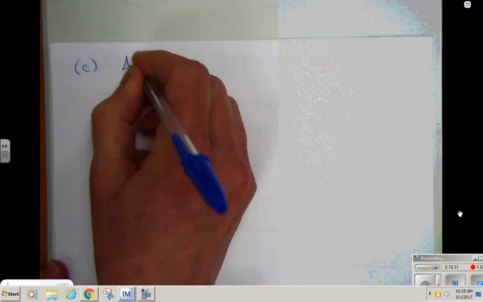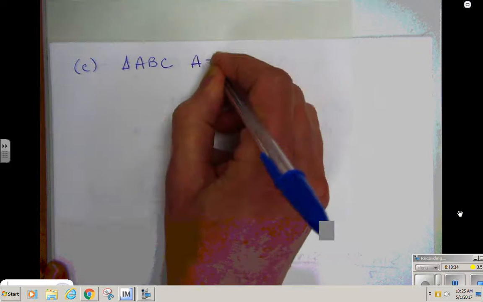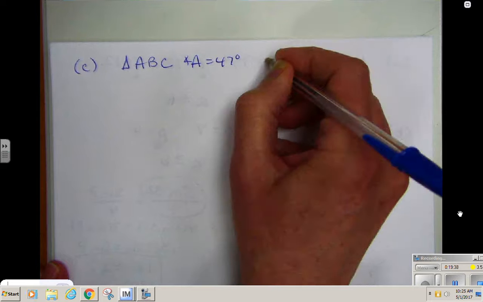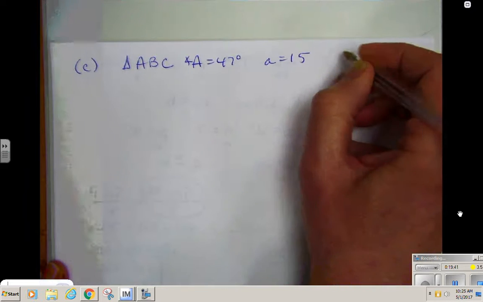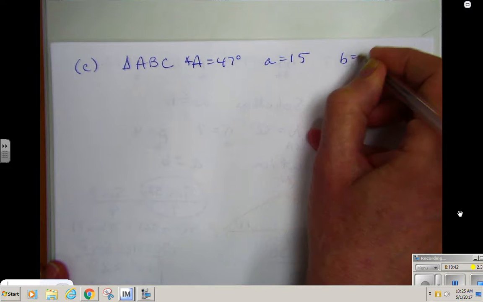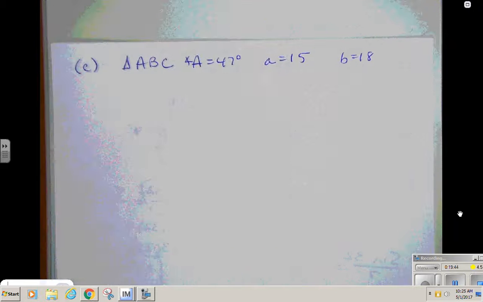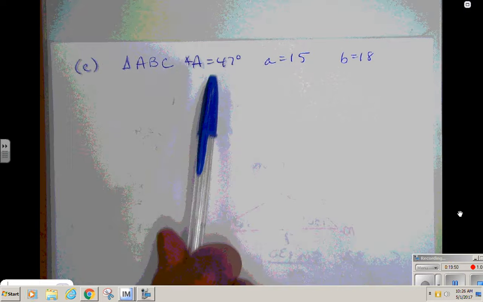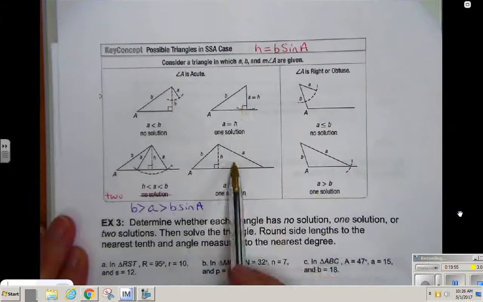Triangle ABC. Angle A is 47 degrees. Side A is 15. And side B is 18. So we need to determine if this is going to actually make a triangle. First of all, we have an acute angle. So I'm going to be using all of these on the left side.